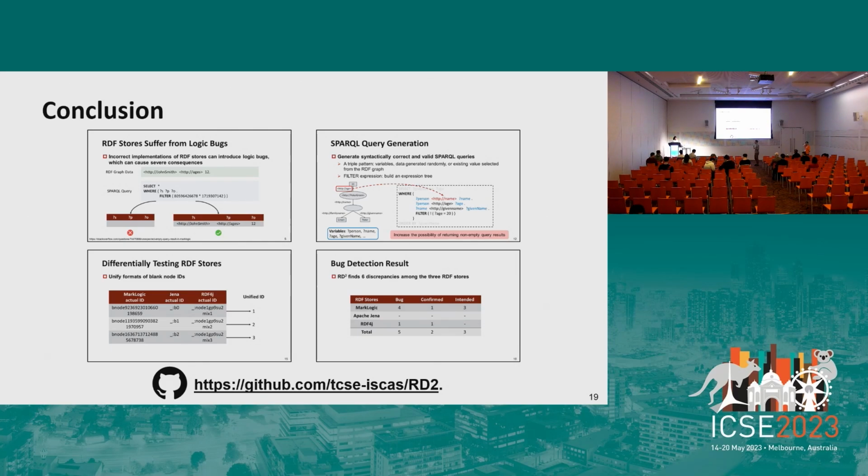So like this bug, they may consider it as intended behaviors due to their different implementations. Did you see any such cases in your evaluation? Yeah, we have found some bugs like this, and the developers considered it as intended behaviors, not a bug. Yeah, okay.